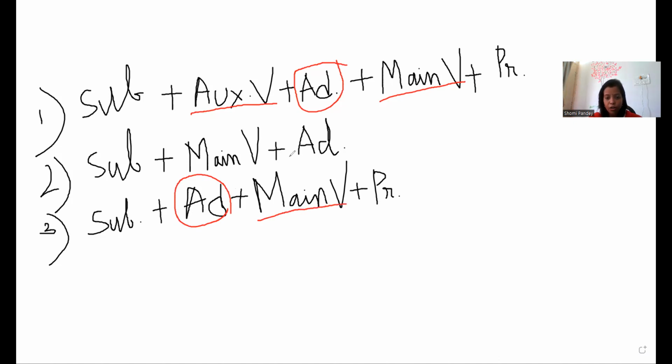Then here it can also come after the main verb. So these are the things which you really, really have to keep in your mind. Okay, so let me stop here and I shall continue. I hope you must have jotted down this, or you may click a photo. Okay, so let me stop and continue with the explanation.